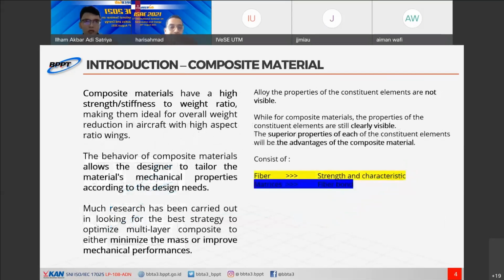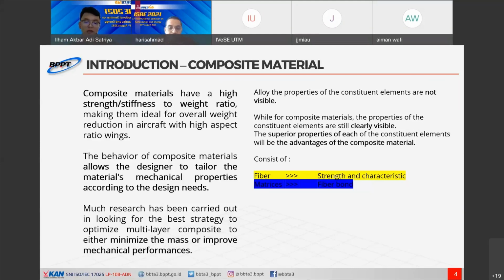And then we will talk about the composite material. As we know, there are many materials like alloy, metal, and so on. The composite material has also become a favorite material used by aircraft designers, because it is very good for the high aspect ratio wing, as the designer can tailor the material mechanical properties according to the designer's needs.